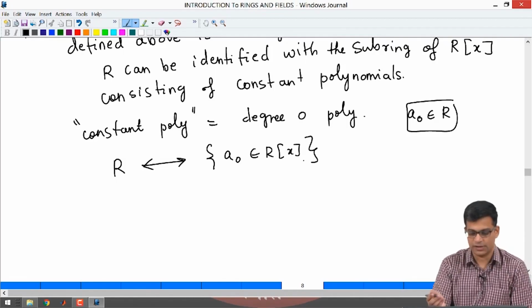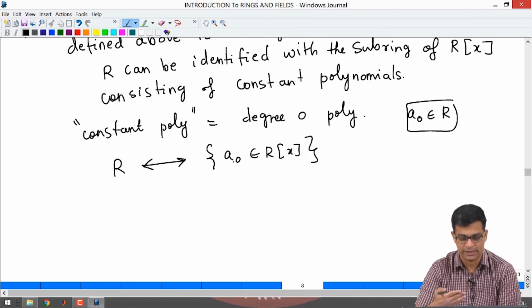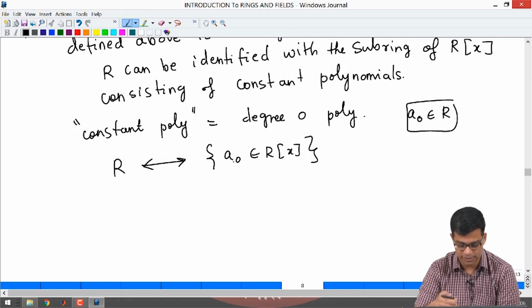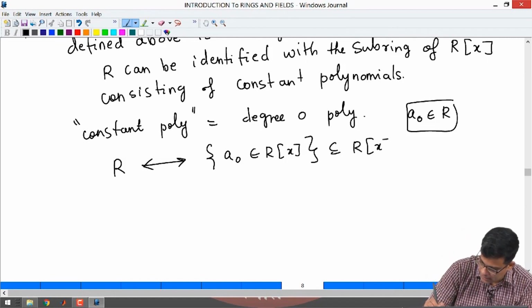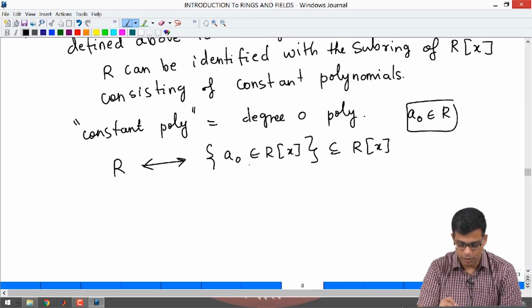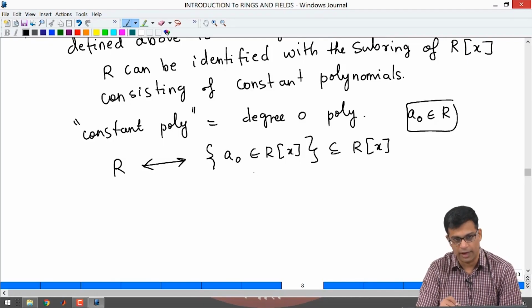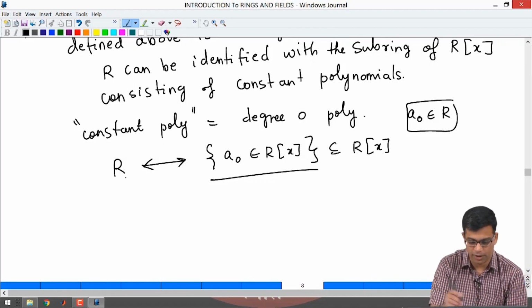Okay, this is a very obvious statement, because a constant polynomial has no x in it, all the data that is required to describe a constant polynomial is just a_0. So, this is a subring of R[x] that one can check quickly, because you can add elements and you will land here, and you can multiply, you will land here, 1 is there and so on. So, this is a subring and R can be identified with this.